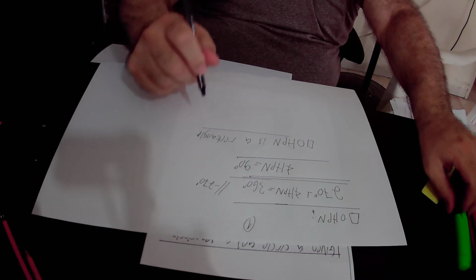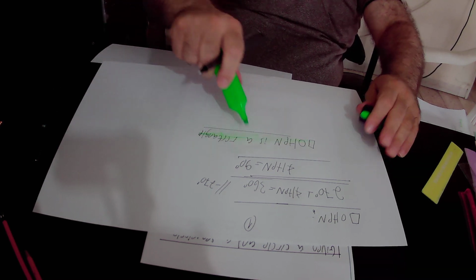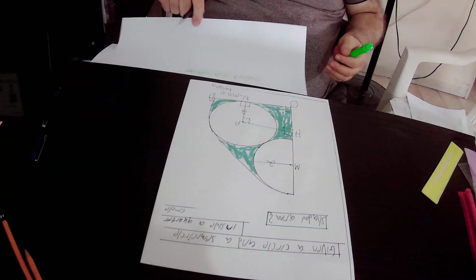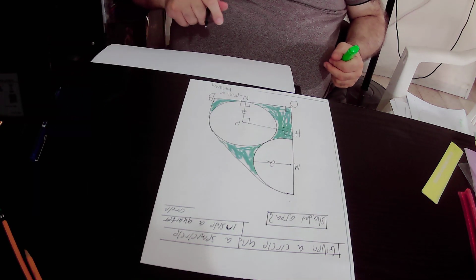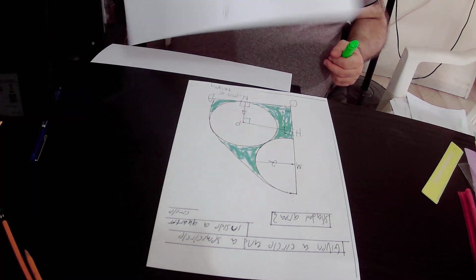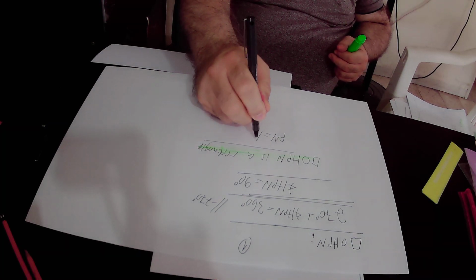Repeat again, quadrilateral OHPN is a rectangle because it has 4 right angles, and we know that the opposite sides of a rectangle are equal to each other. That is to say, PN equals edge OH.